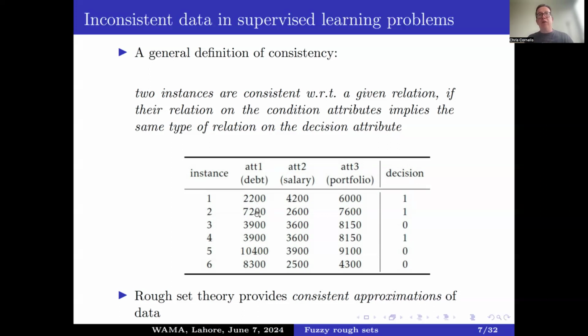So equal on the condition attributes should result in the same decision. A dominating relation on the condition attributes should result in a better decision. And this is what rough set theory is all about: to provide approximations of our data which are consistent.